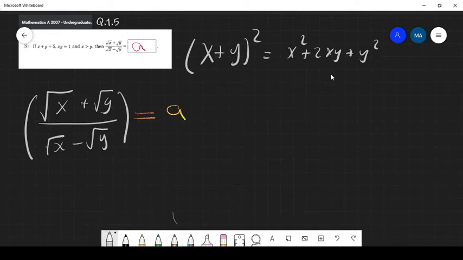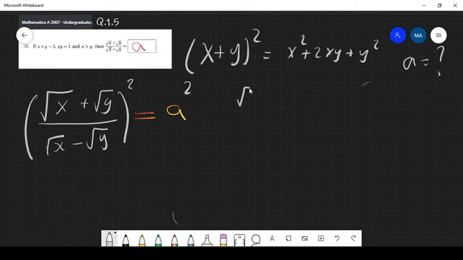So what do we need to find? A. If we find a, we answered our question. So what I'm going to do is put them all squared. a squared is equal to this squared. Why? Because now I can use this formula over here.